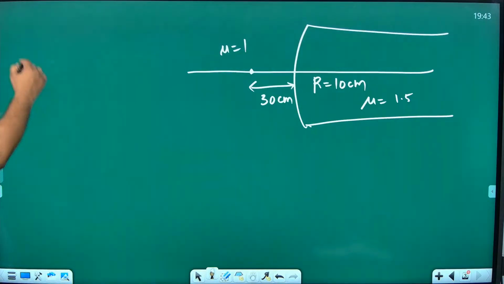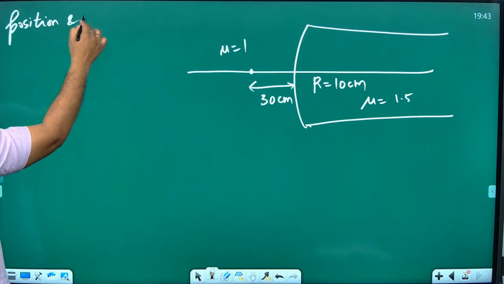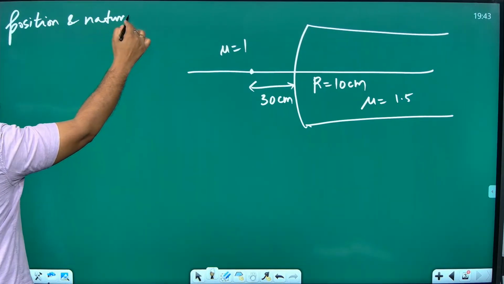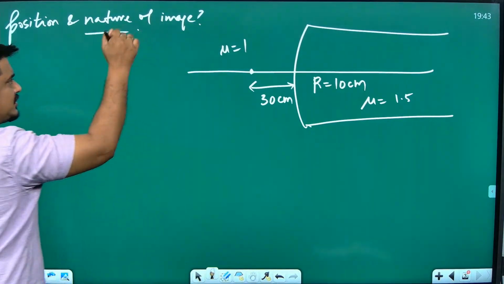Make it fast. Position and nature of image. This is the question. Make it fast.